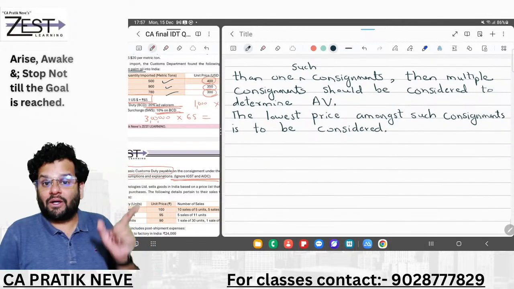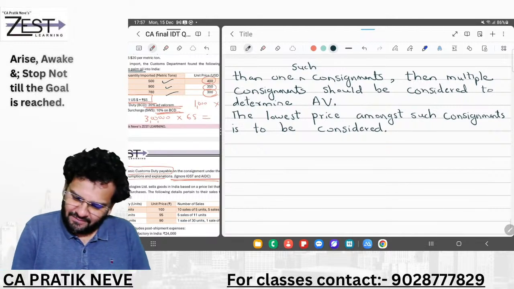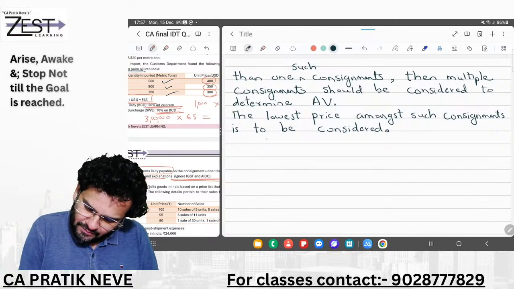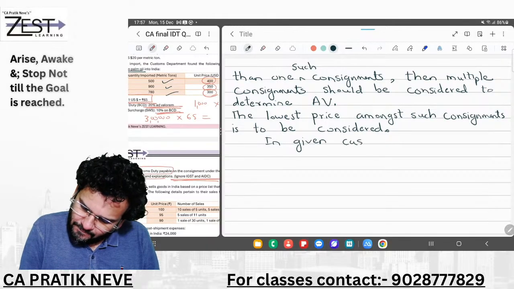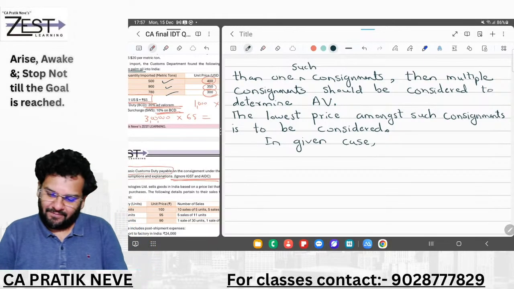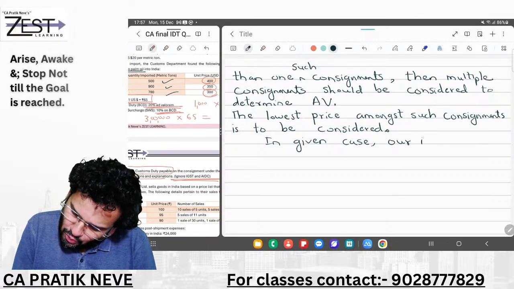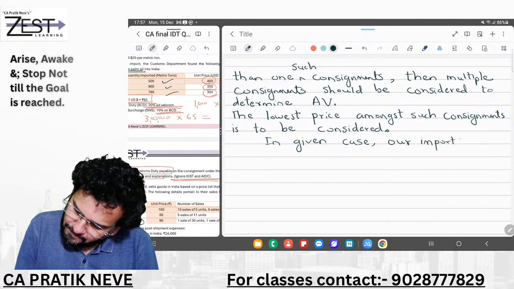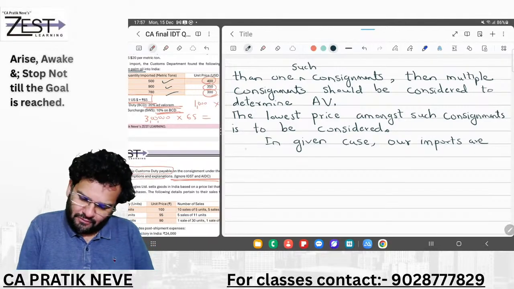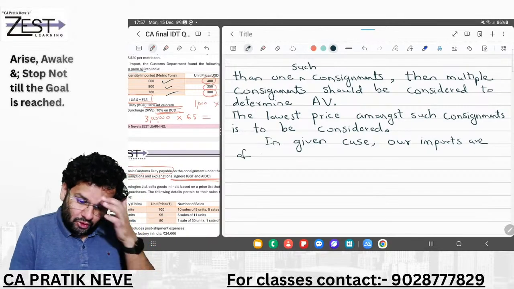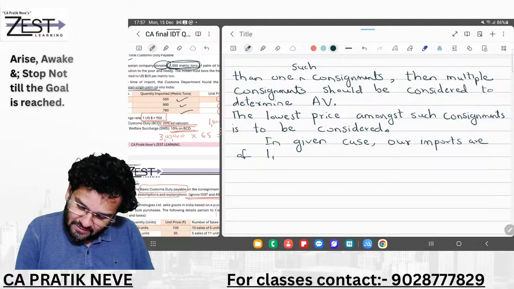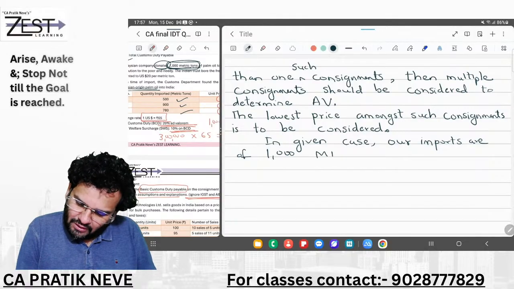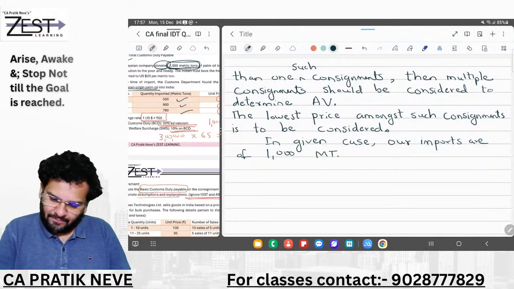Clear? Now what has happened in given case? So continue. In given case, our imports are of what? 1000 metric tons. Are of 1000 metric tons.